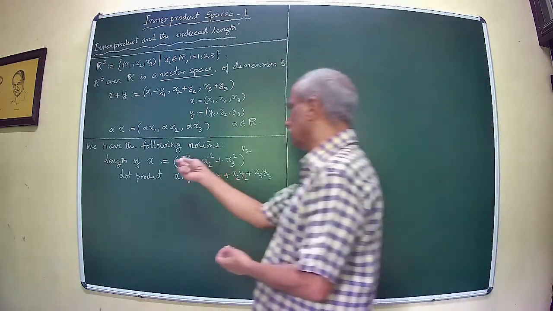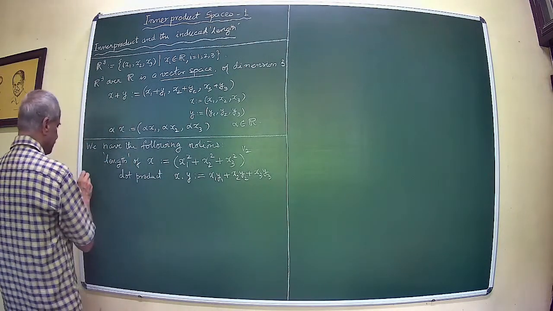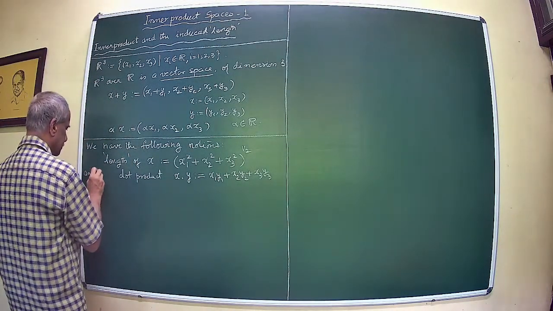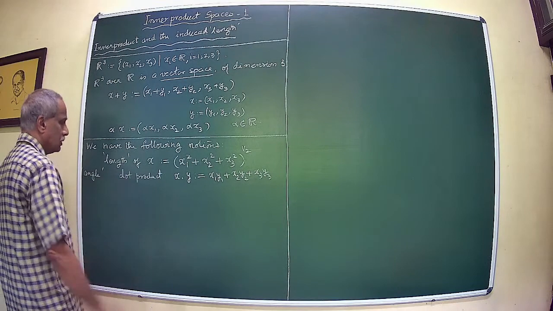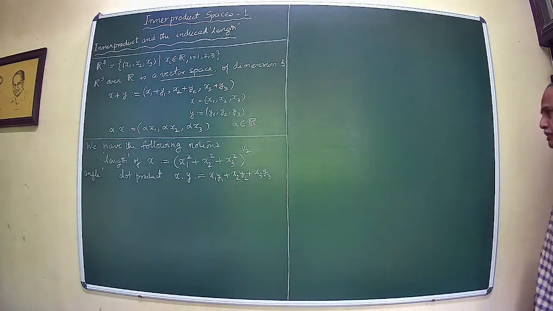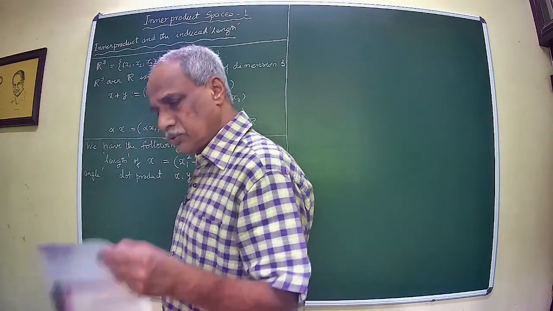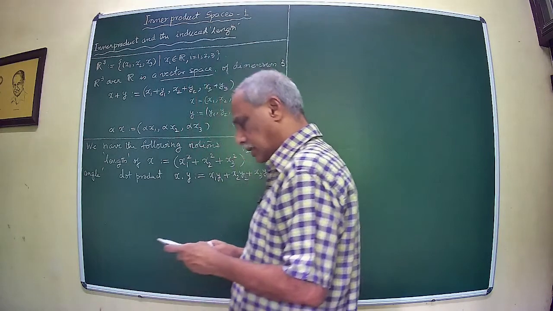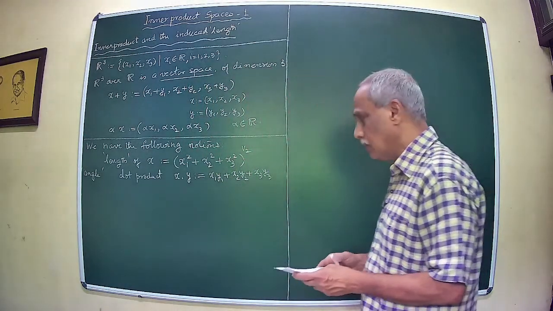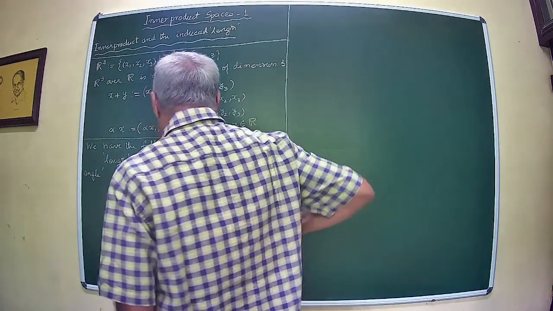So this corresponds to the length and angle, and is represented by the dot product. Now this is quite easy to see. What you have to do is, maybe I leave the computations to you, how this is related to the angle between two vectors.